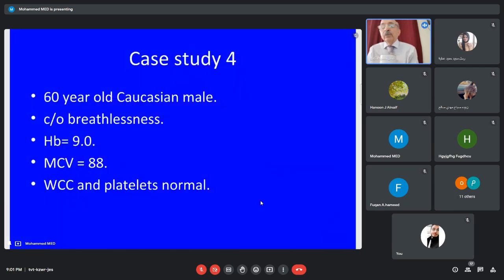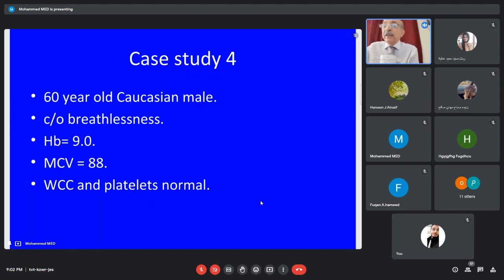Case study number 4, a 60-year-old Caucasian male complaining of shortness of breath. The hemoglobin is 9, the MCV is 88, the white blood cells and the platelets are normal. You see, this is all the hints I have told you before. When I see the hemoglobin, I look immediately to the white cell and the platelet.